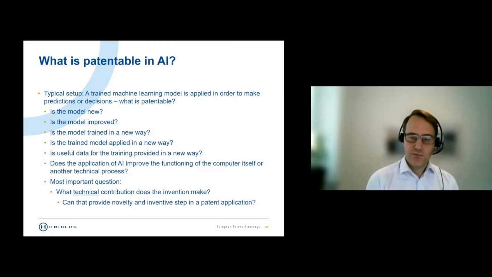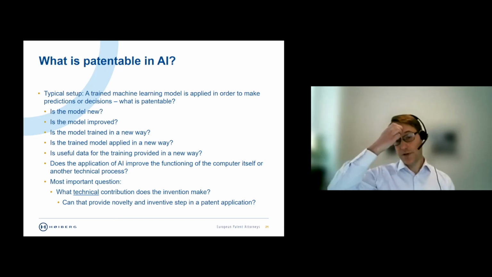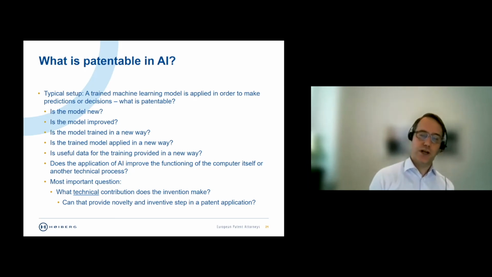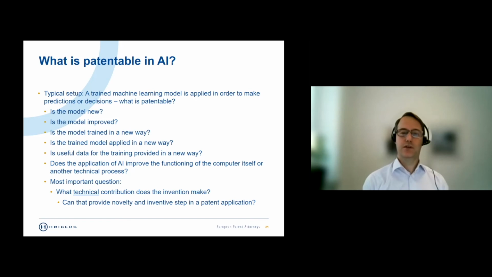I think the reason why AI is such a big deal in this, and we also get a lot of questions about that, is probably that AI has existed for a very long time, but lately it has developed rapidly because of more powerful processing and possibilities to calculate things in the cloud and so on.